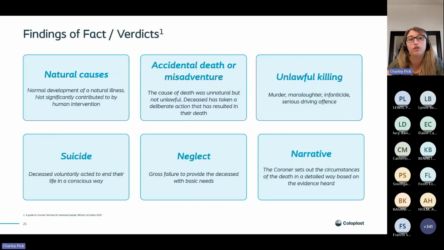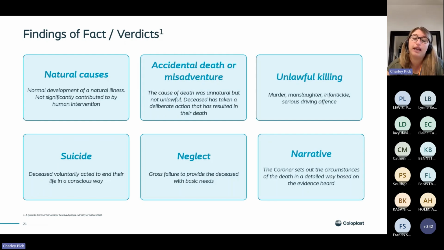And so unfortunately, we had a string of people passing away because they were jumping off their balconies in their hotels thinking that they were able to fly. Now, obviously, they weren't able to fly, and they were sadly falling to their deaths. Now, this would be a death by misadventure, because they didn't mean to kill themselves, but they did take a deliberate action that resulted in their death.